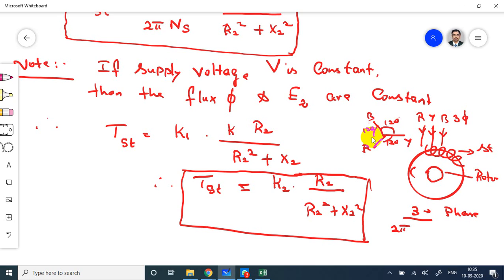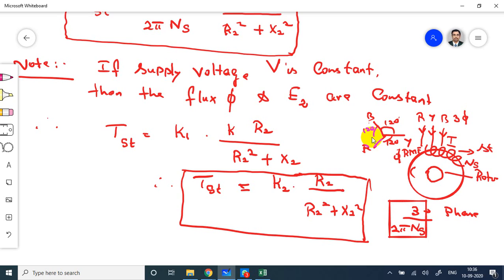If we give a three-phase line, current flows in the stator, so a rotating magnetic field, that means flux, is produced. In the flux only we are setting ns, the synchronous speed, that is your denominator. So this 3 by 2 pi ns will be a constant parameter which will be set by the manufacturer, not by us.